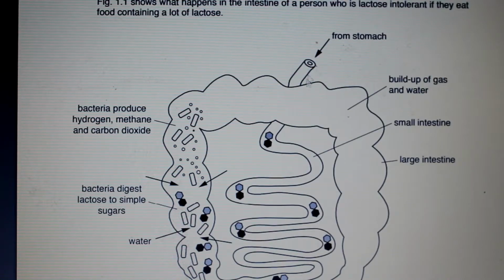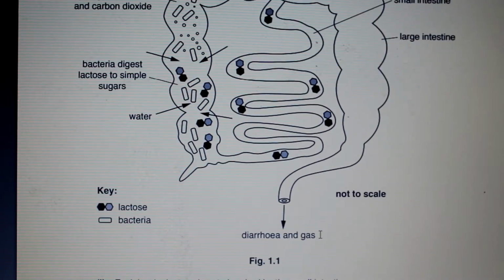So basically, this is from the stomach, and over here food travels, and up here gets mixed with water. Bacteria to digest lactose to simple sugars are found over here. Bacteria to produce hydrogen, methane, carbon dioxide. Build up of gas, small intestine, large intestine, and the result is diarrhea and gas, because as you can see, the lactose is not being broken down.